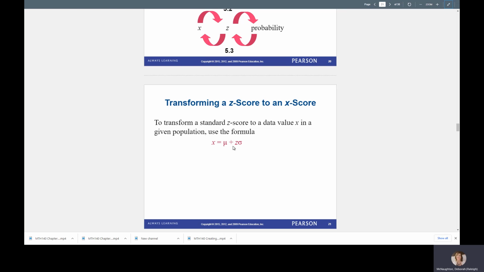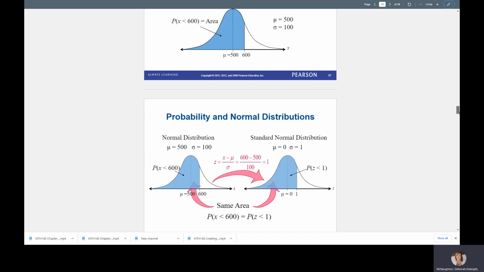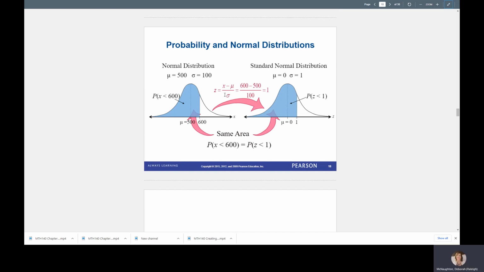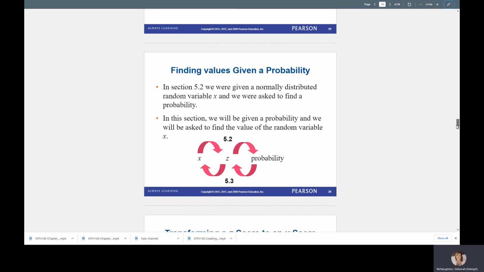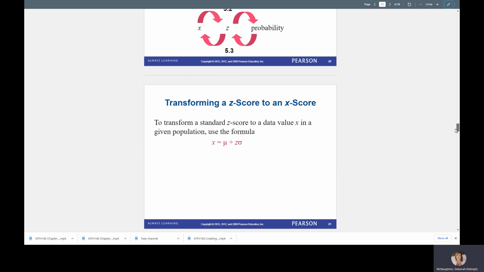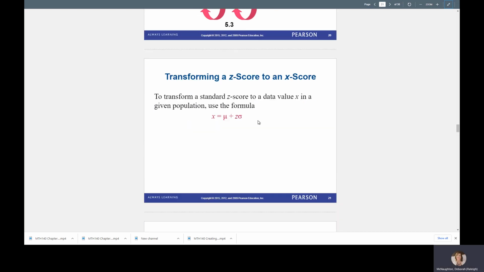First we multiply by sigma on both sides, and we get x minus mu equals z times sigma, and then we add the mean to both sides. That's how we get x equals mu plus z sigma. So it's just transforming this into x equals z times sigma plus mu, or x equals mu plus z sigma.